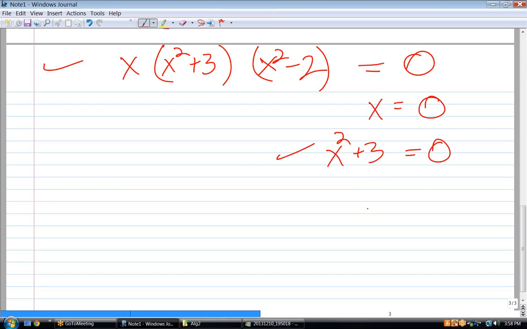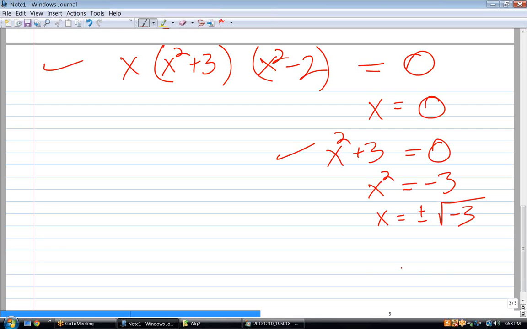So how do we solve that? So you would subtract 3 from both sides, and then take the square root of that. So that would be plus or minus the square root of negative 3.